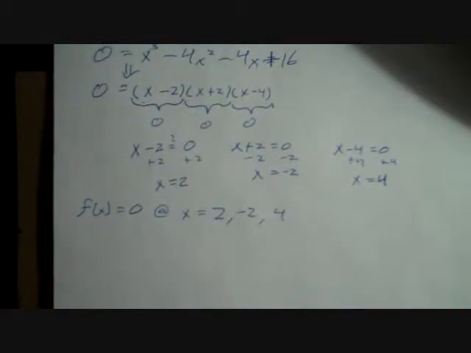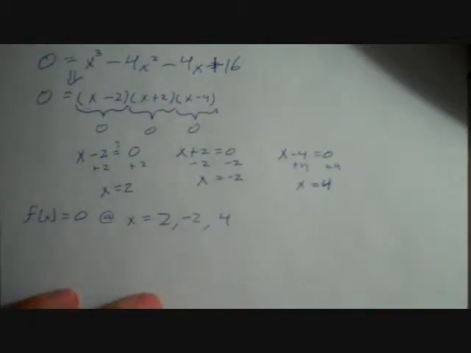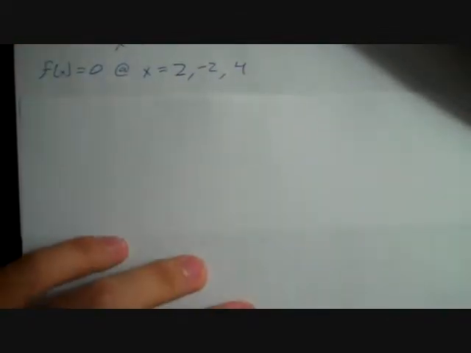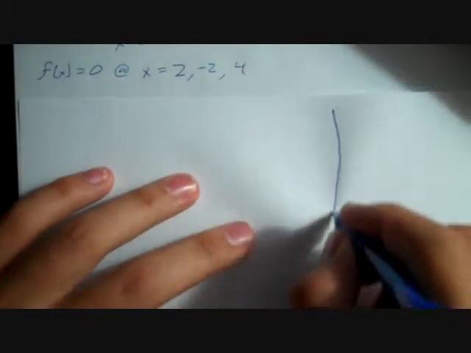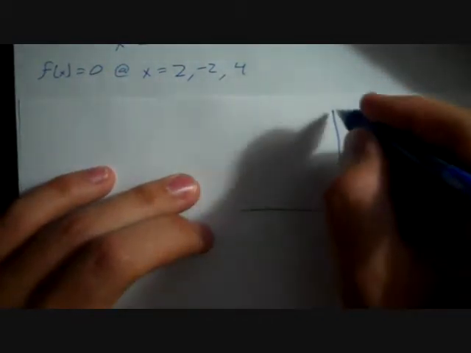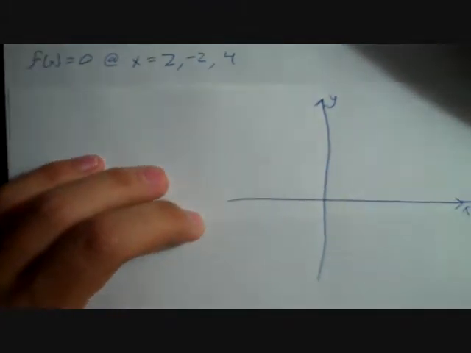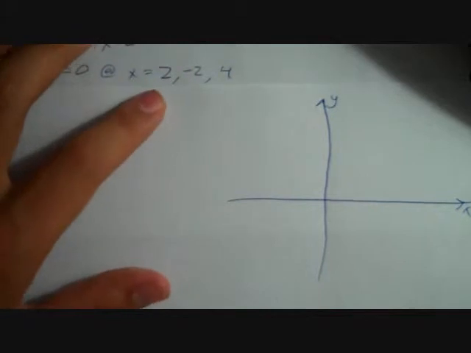So what does that tell us about our function? Well, that means if we wanted to graph it, if this is our y, this is our positive x, well, we know that it has an intercept at x equals 2, right?